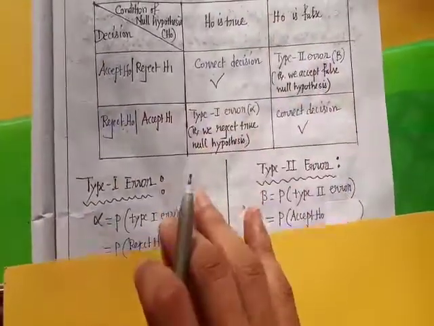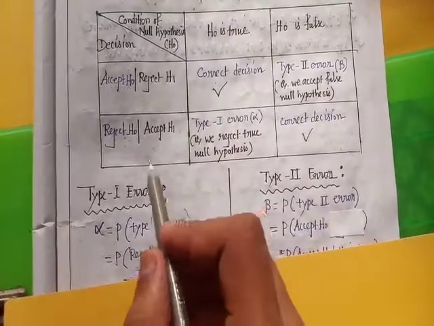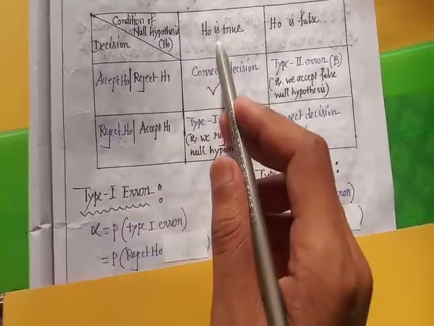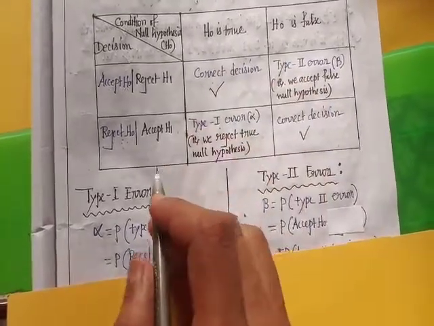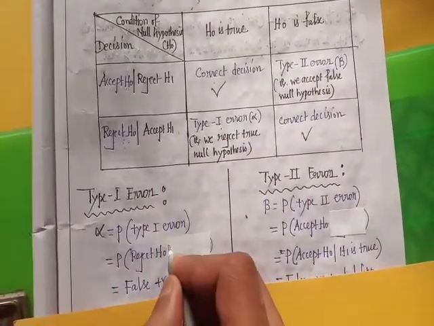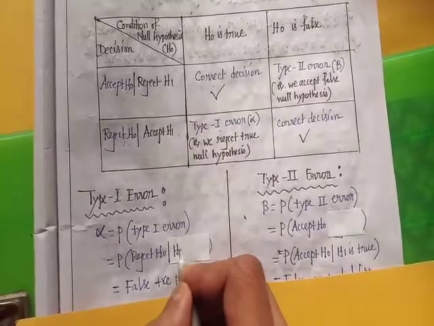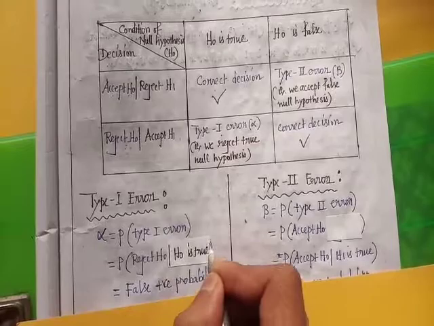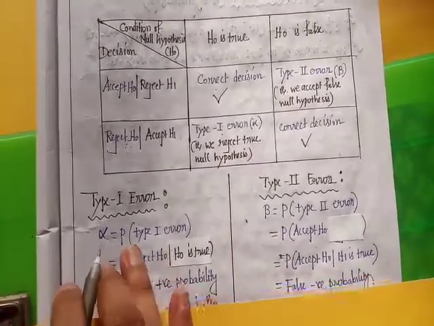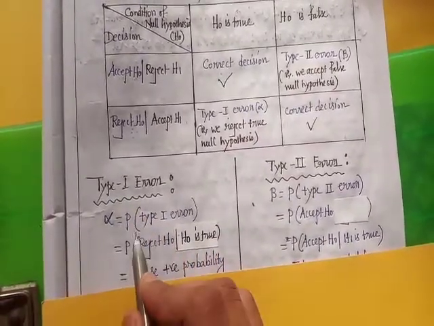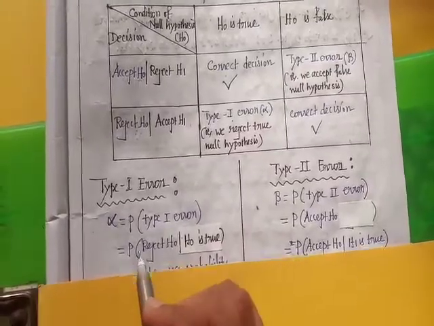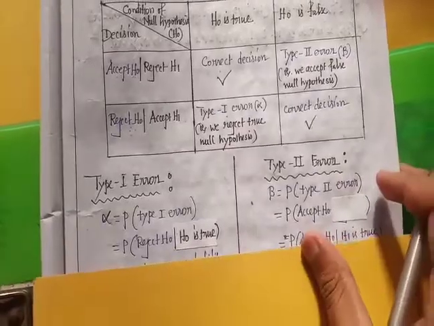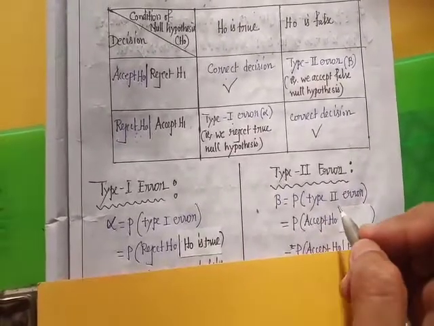So type 1 error means reject the null hypothesis when H0 is true. Alpha is equal to the probability of type 1 error. Beta is equal to the probability of type 2 error.